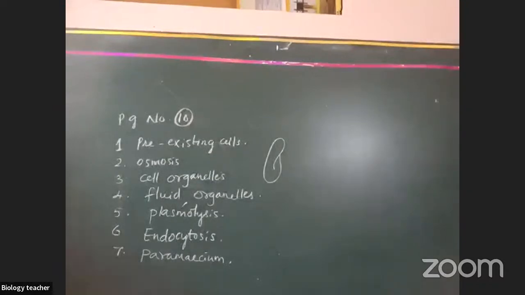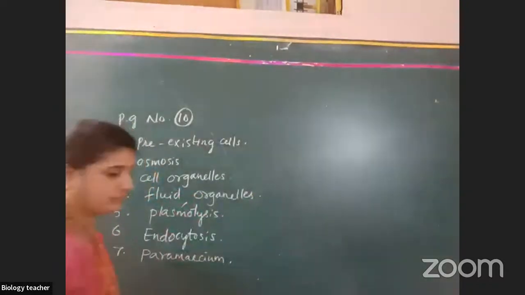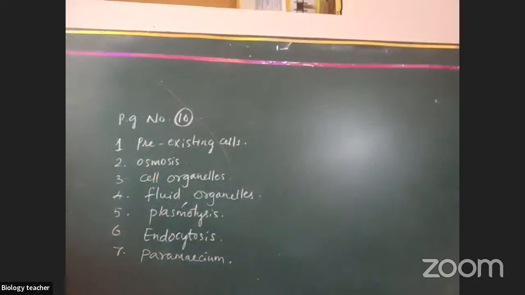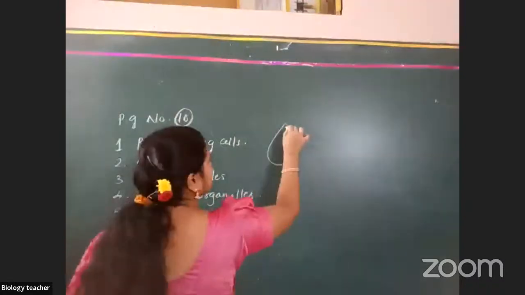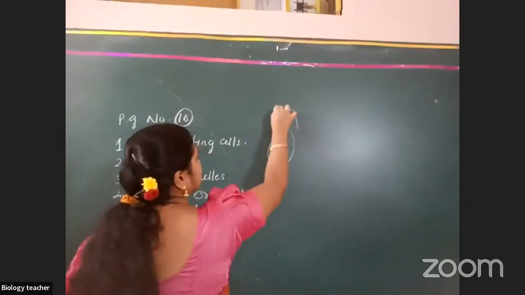Next one, true or false? Unicellular organism. True or false? Chlamydomonas. Do you remember Chlamydomonas? Is present.